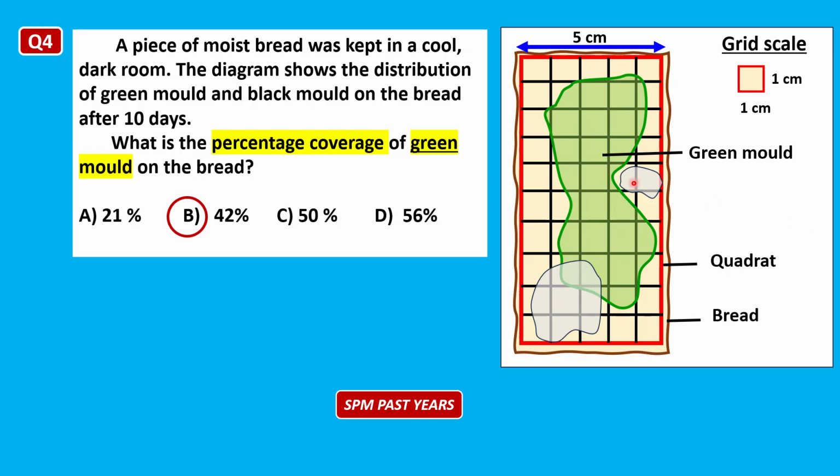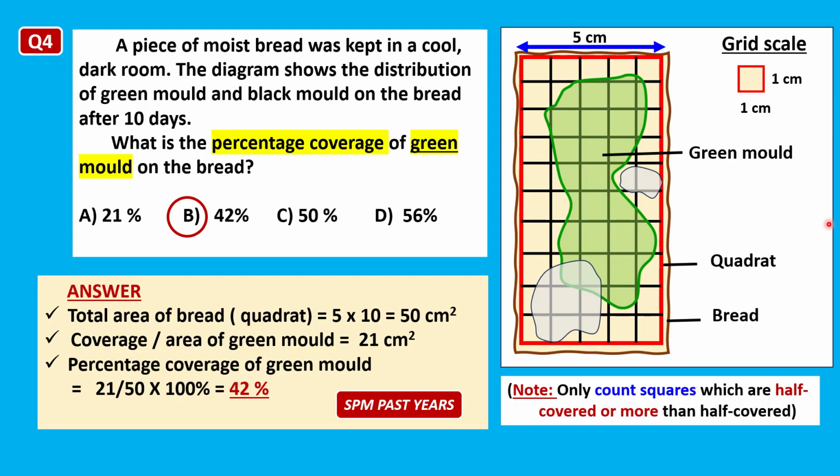First, there's only one quadrat here, so the percentage coverage is only for one quadrat. So first find out the total area of the bread. That means it's the same size as the quadrat, in this case, almost the same size. Now here is written 5 cm, this quadrat is 5 cm in width. So what about the length?